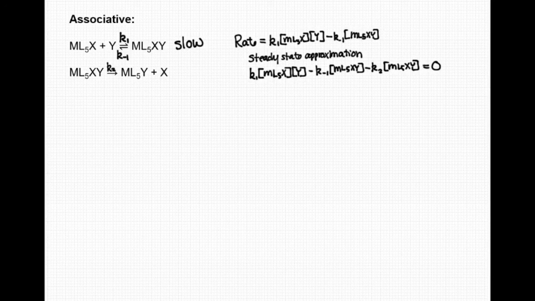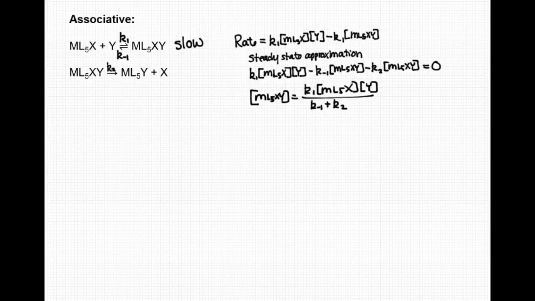So if we do some algebra and rearrange this equation so that we can get the intermediate by itself, ML5XY, we see that the concentration of the 7-coordinate intermediate equals k1 times [ML5X] times the concentration of Y divided by k-1 plus k2.